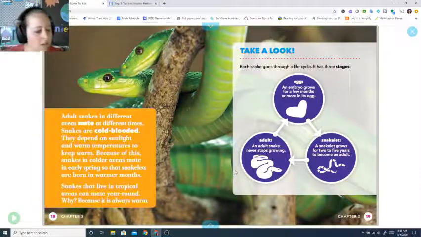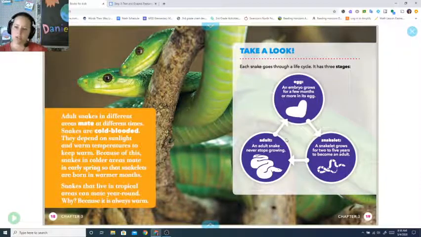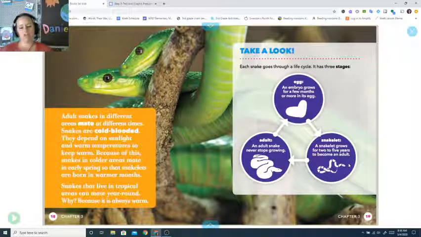And this just helps us understand how a snake grows. So, it starts out as an embryo, right? An embryo grows for a few months or more in its egg, and then it becomes a snakelet. A snakelet's just a little baby newborn snake. So, a snakelet grows for 2 to 5 years to become an adult. So, it's just a little baby snake for a while, right? 2 to 5 years. Then, after that, it's an adult.